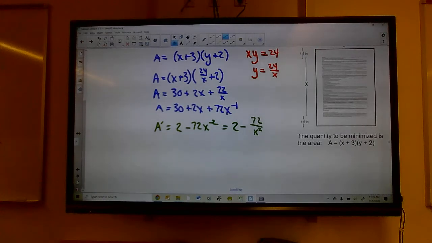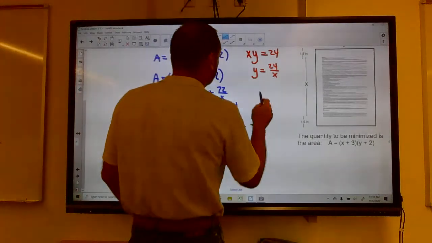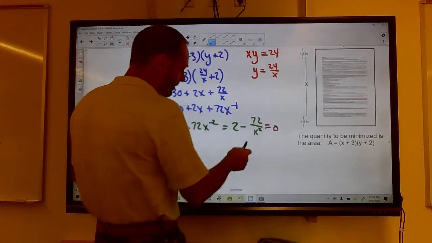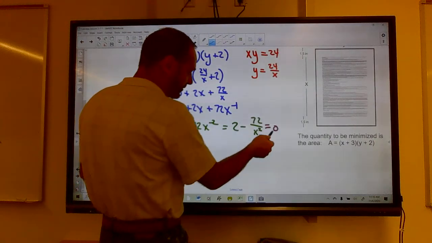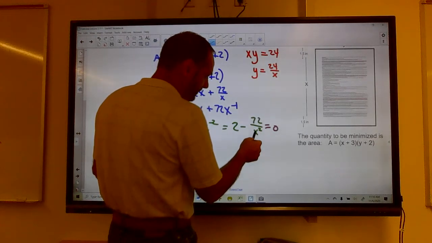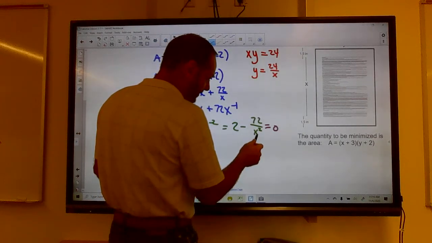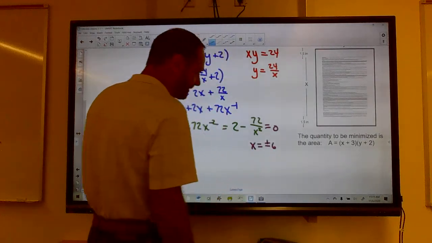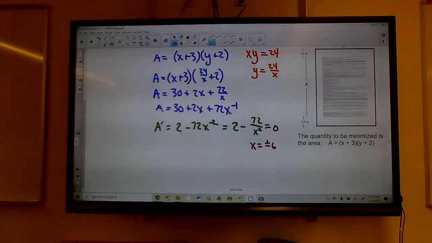Okay, now we would set that equal to 0. So 2 minus 72 over x squared would equal 0. So if this would be 2, the bottom would be 36, which means x would be plus or minus 6. Now, again, I can throw out negative 6 because I'm talking distance.